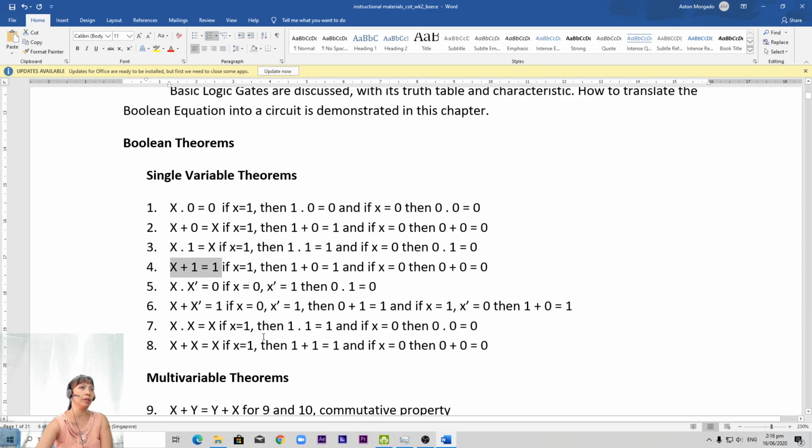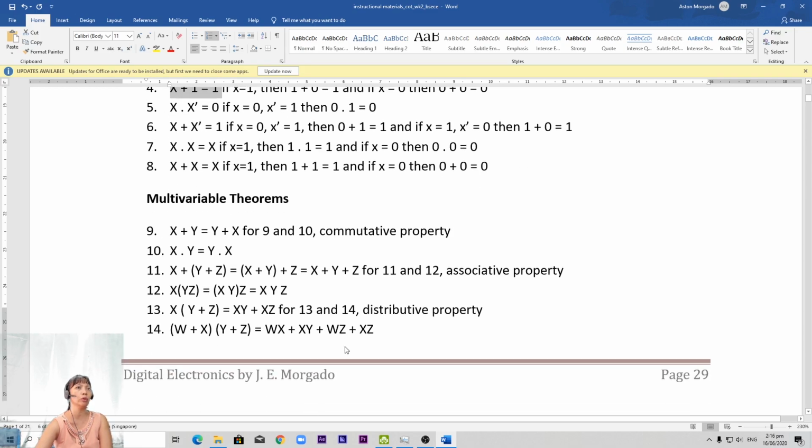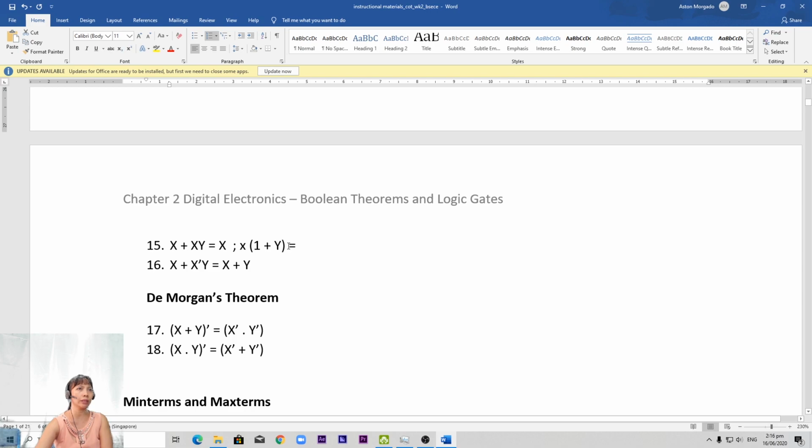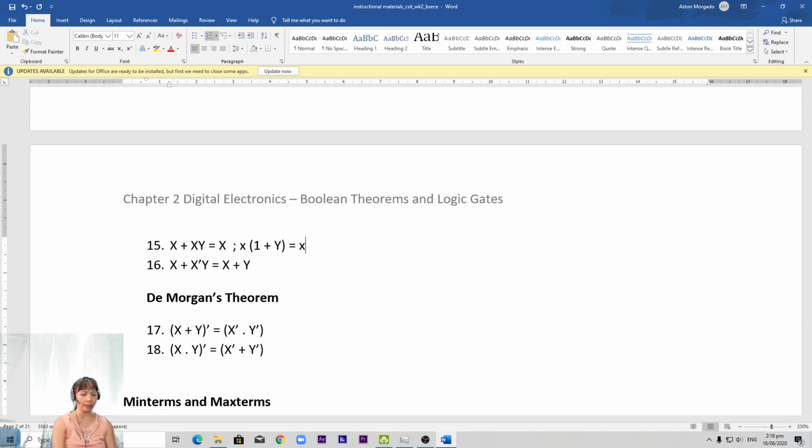Based on single variable theorem number 4, x plus 1 is equal to 1. So therefore, 1 plus y is equal to 1. Therefore, x times 1 is equal to x. So whenever you see x plus xy, you just simply give the equivalent of x.